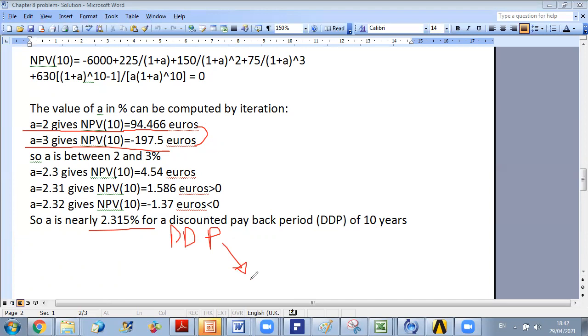So to have a smaller discounted payback period, you should have smaller values of A. The smaller A is, the more confident I am in the future, the more money I will gain, and then I will be able to balance my costs in a smaller period of time.